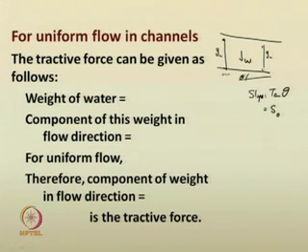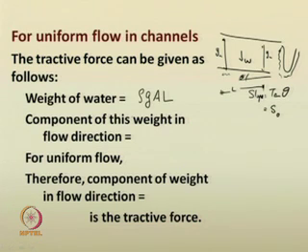Now, if this length is L, then this is nothing but density into acceleration due to gravity into area of cross section, whichever area of cross section you are dealing with, into L, right. So, this is the weight of water W.